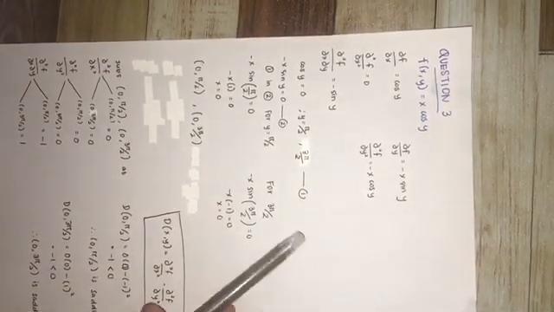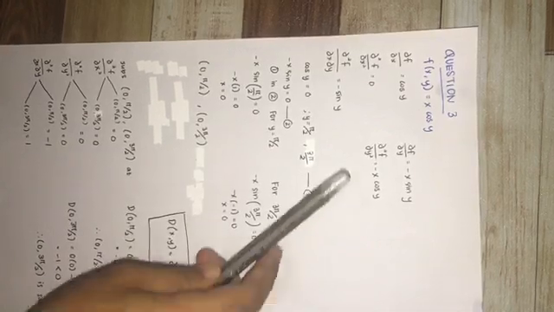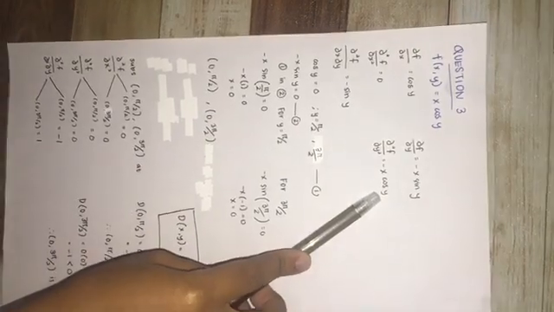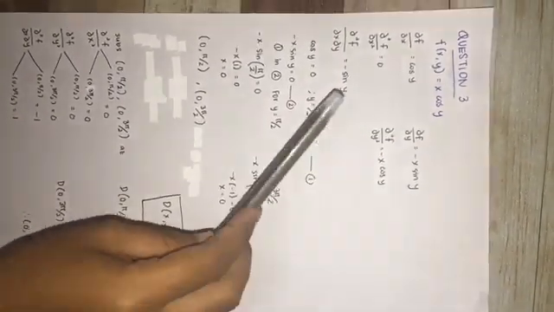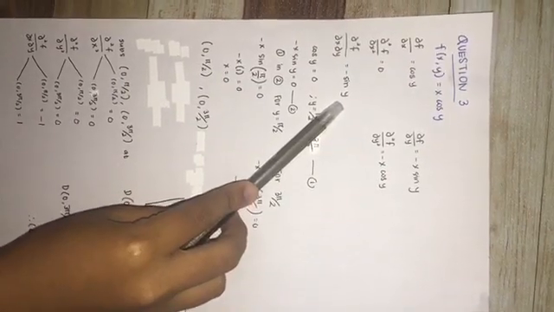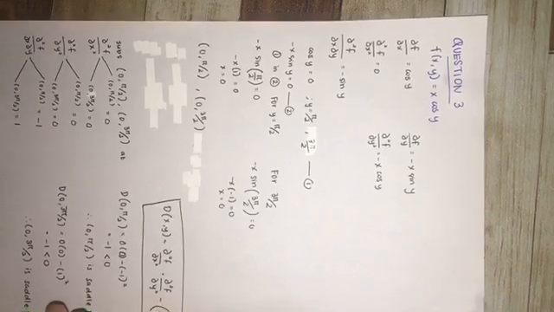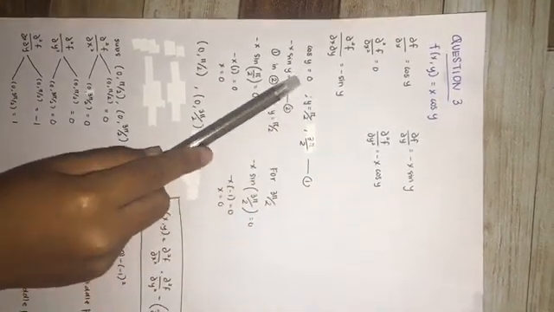Then we apply the second order partial derivative with respect to x and y. After that, we derive the second order partial derivative with respect to y. In order to find the critical point, we need to set the first order partial derivatives equal to 0.